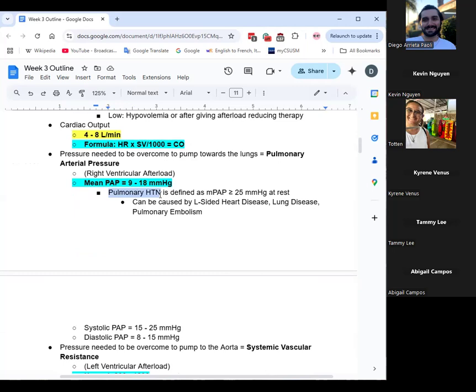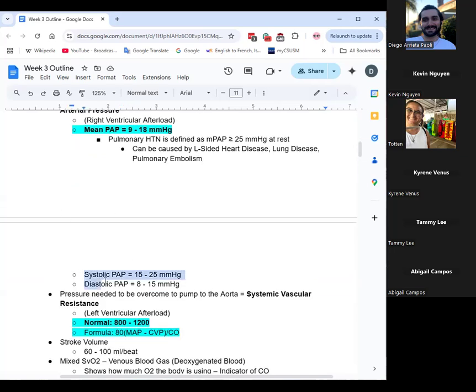If your mean pulmonary arterial pressure is above 25, it could be a sign of pulmonary hypertension, which could be caused by some of your other conditions, like lung disease, pulmonary embolism, or left-sided heart disease, because if you have left-sided heart disease, fluid starts backing up into the lungs, in which case the pressure in the lungs increases.